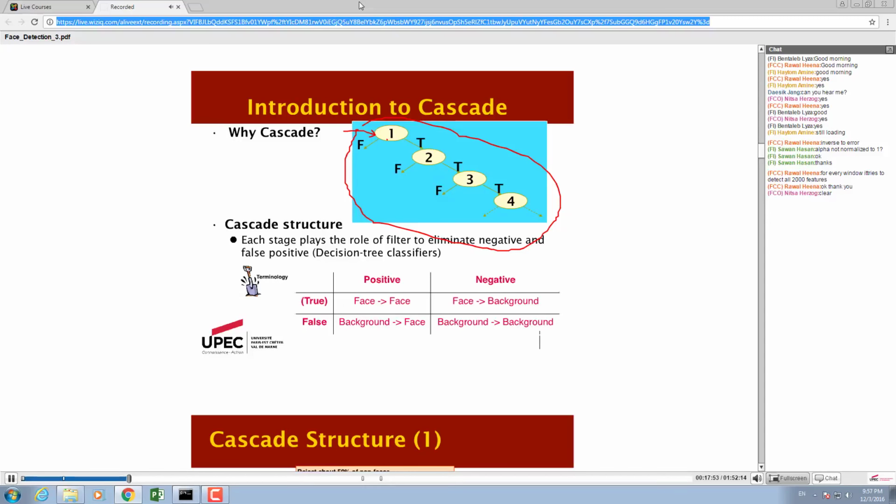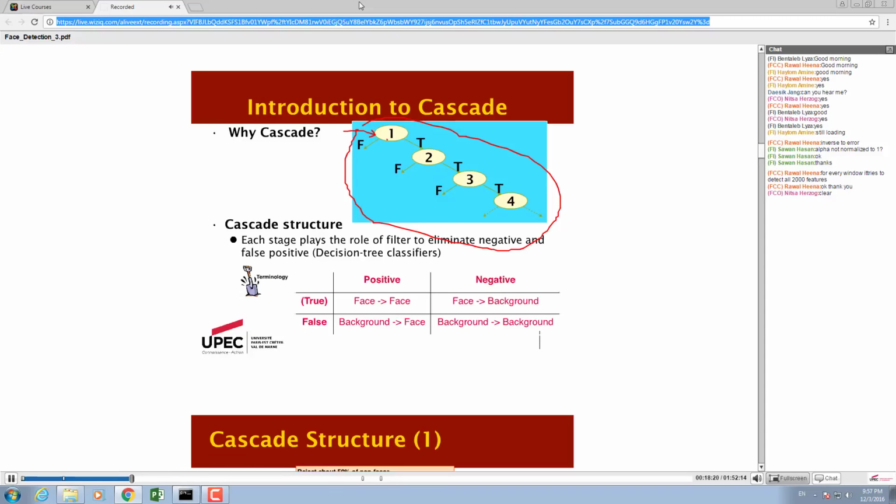It means instead of using all the 2,000 features or 2,000 weak classifiers, as the strong classifier does, right? The basic concept of a strong classifier is that it has to use all the weak classifiers. We have to integrate all of them, and then we can create the strong classifier.